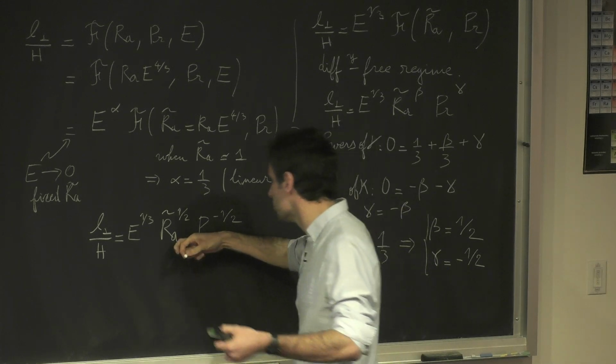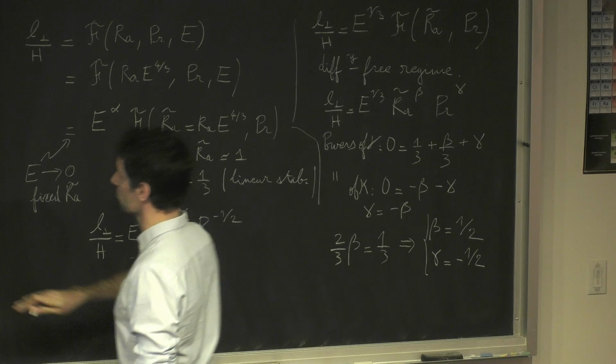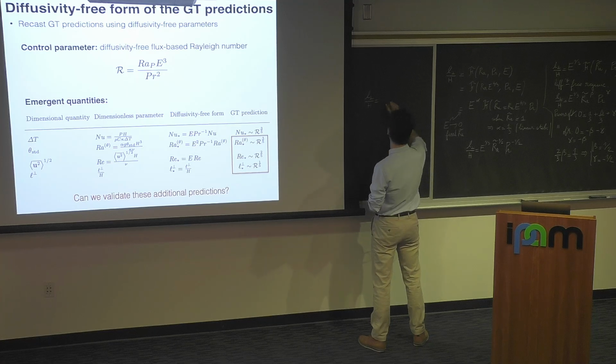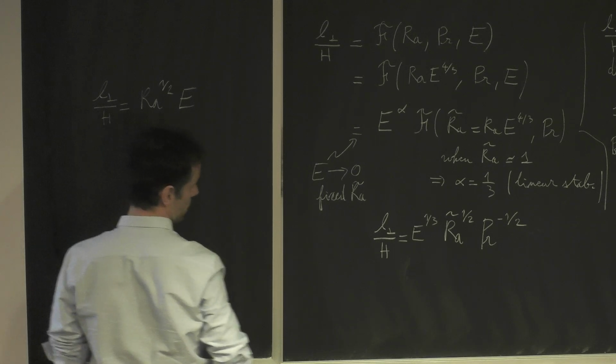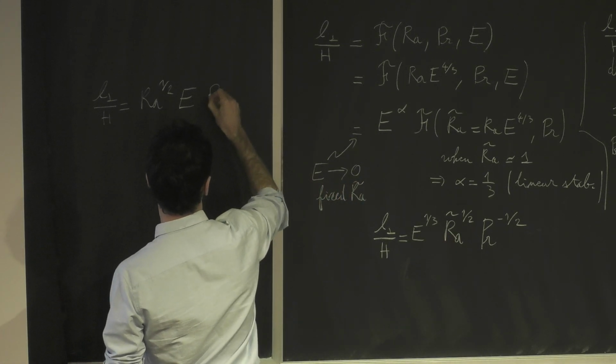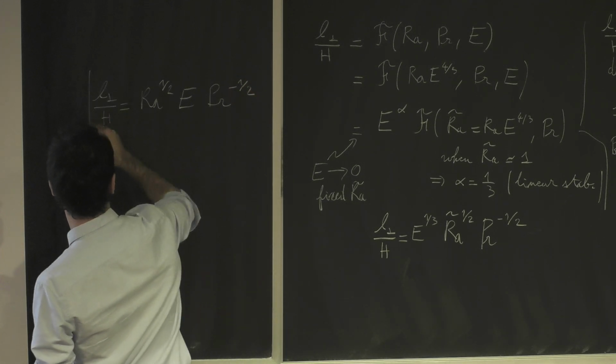And now you may want to substitute the expression of the reduced Rayleigh number, and you get that L perpendicular over H is Rayleigh to the 1/2, Ekman to the 2/3 plus 1/3. That's Ekman to the 1, Prandtl to the minus 1/2.